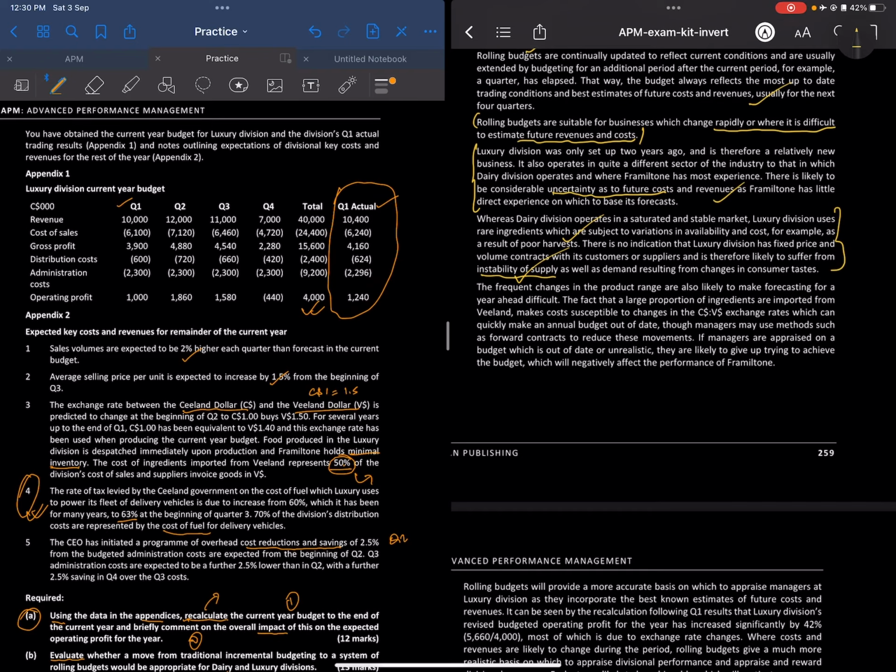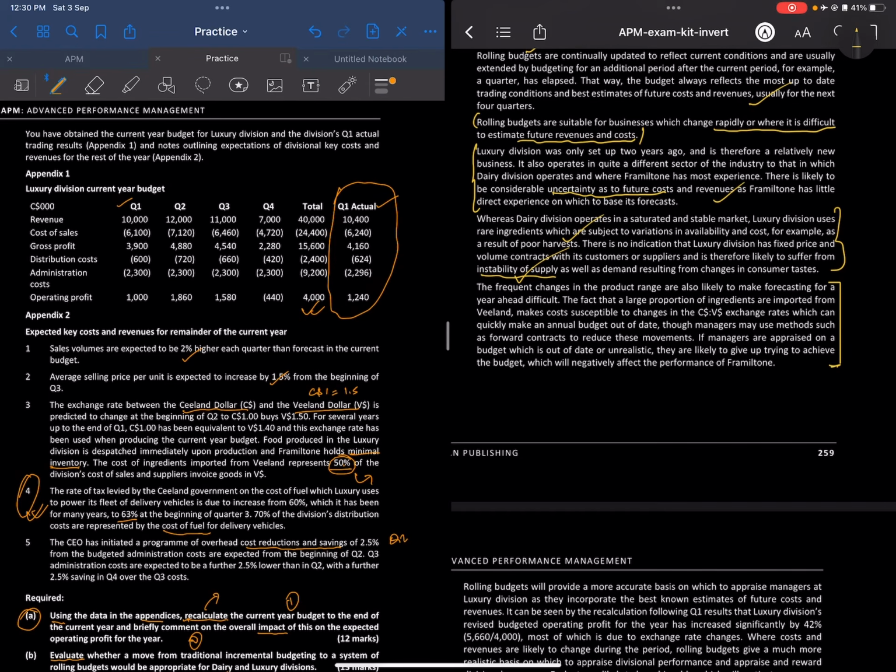So it's not very frequent. Another thing they could talk about was exchange rate, right? The frequent changes in the product range are likely to make forecasting for a year ahead difficult, right?